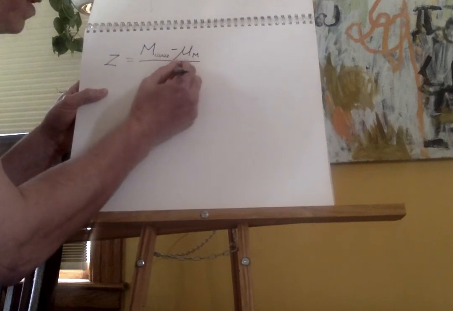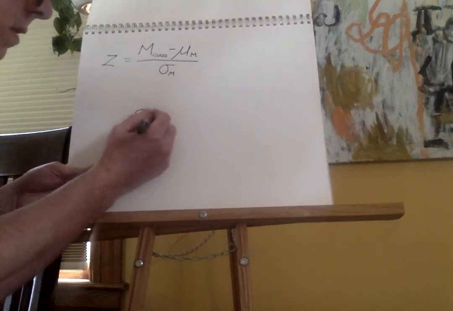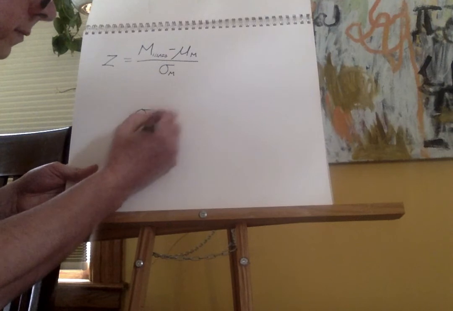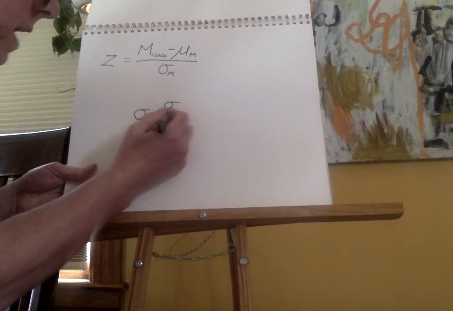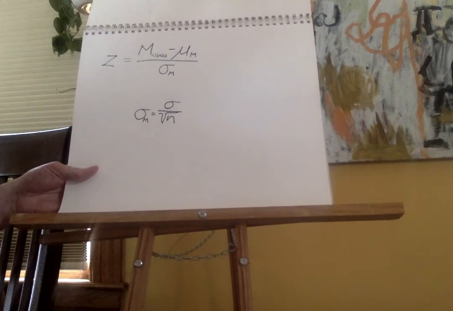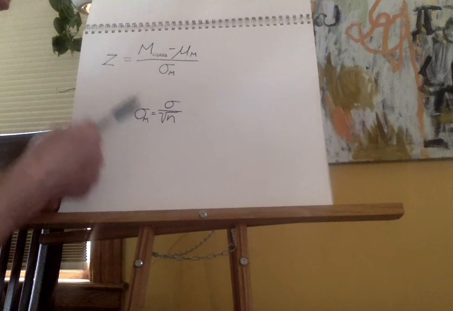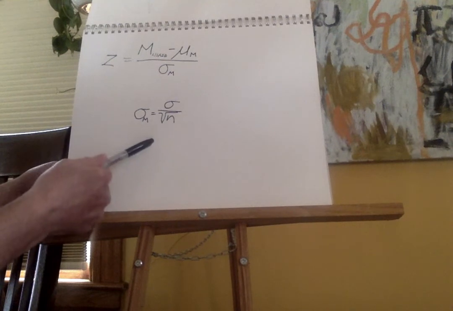This is standard error. So we get that from standard deviation divided by the square root of n, okay? Before we were given this number. Now we have to generate that number, okay?